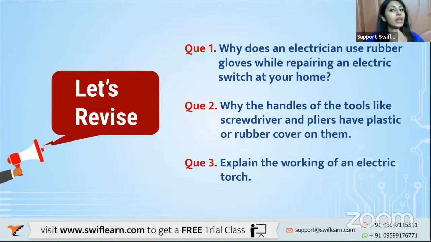Because your body is also a very good conductor. So whenever any electrician comes to your home, you can see they are wearing high-booted insulating shoes and insulating gloves made of rubber while they do the electrician's work.